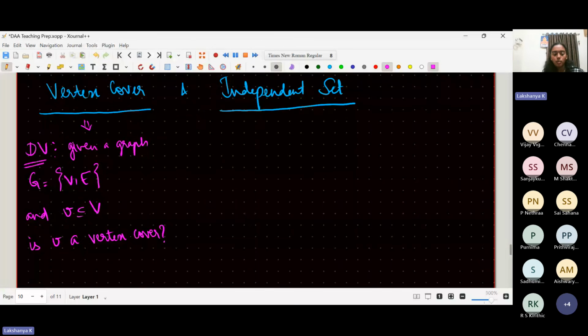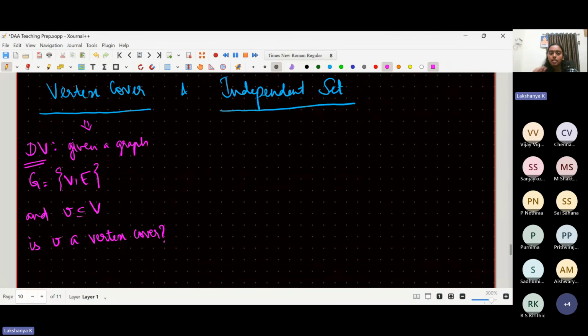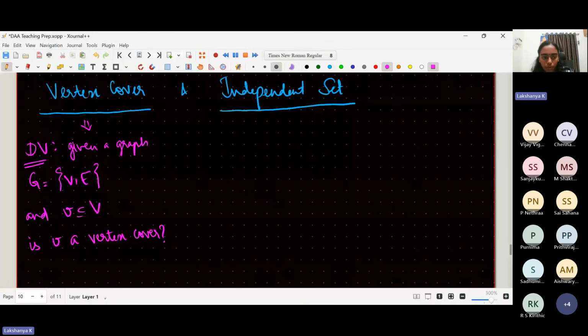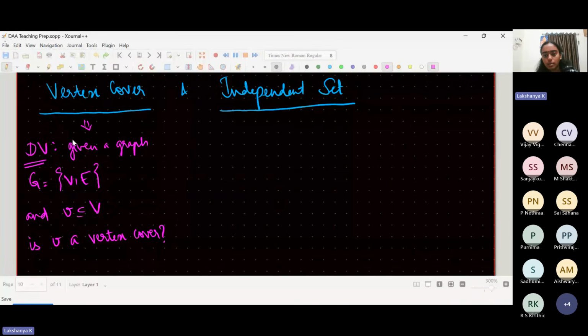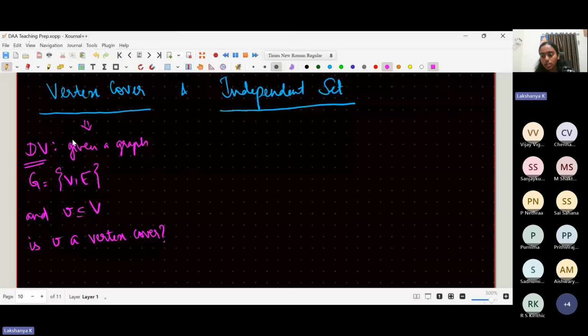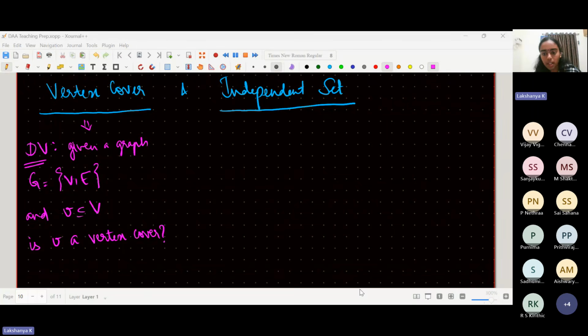And by vertex cover, what I mean is exactly what she said. It's a subset of vertices such that at least one endpoint of every edge in the original graph is present in that subset. I hope all of you know what vertex cover means. Does anyone want me to draw and show an example? I assume that's a no. I assume all of you are familiar.